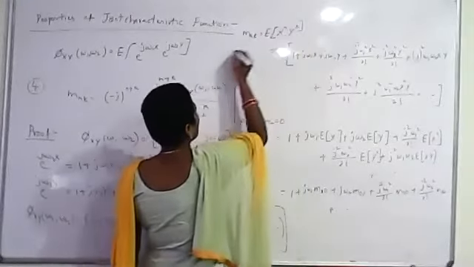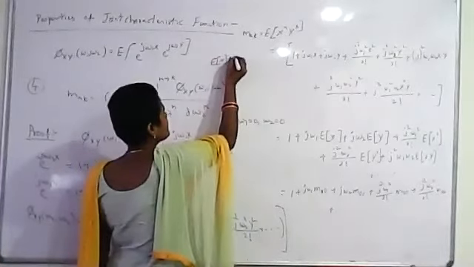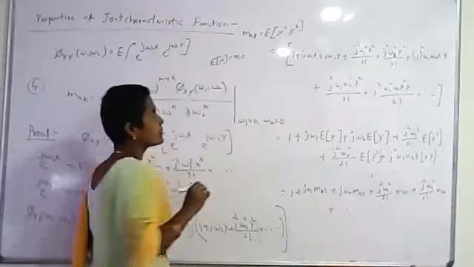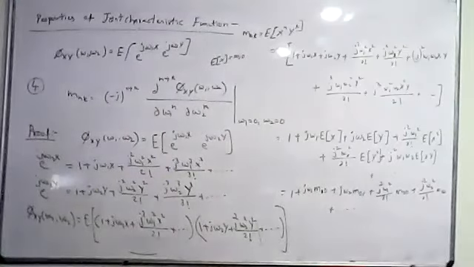So the expected value of x is M10, the expected value of y is M01, the expected value of x square is M20. From that we got the joint moments M10, M01, M20, M02, and so on.